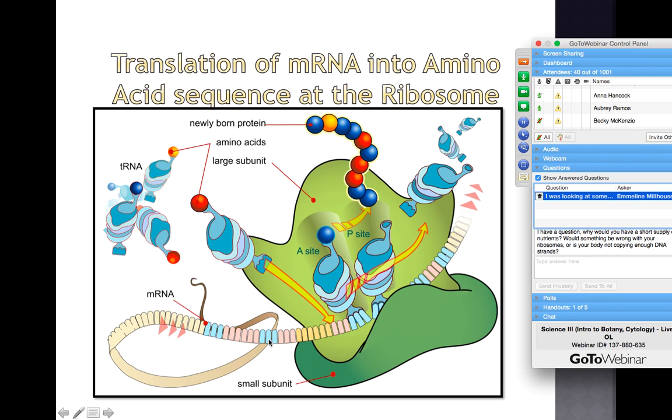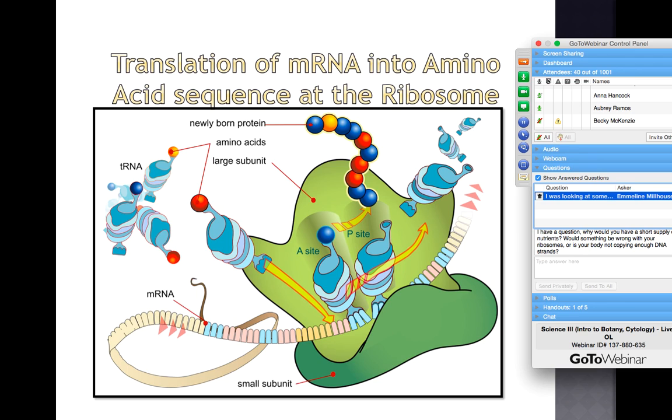It would also be 64. You have 64 different possible combinations here in the messenger RNA, so you have 64 different types of transfer RNA that would match each one of those combinations.